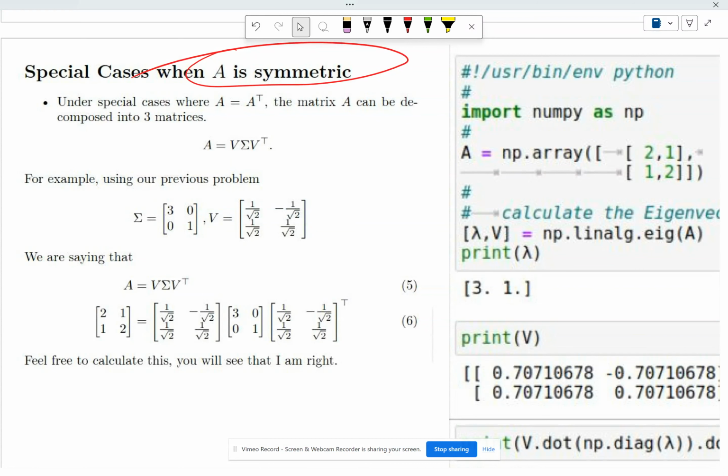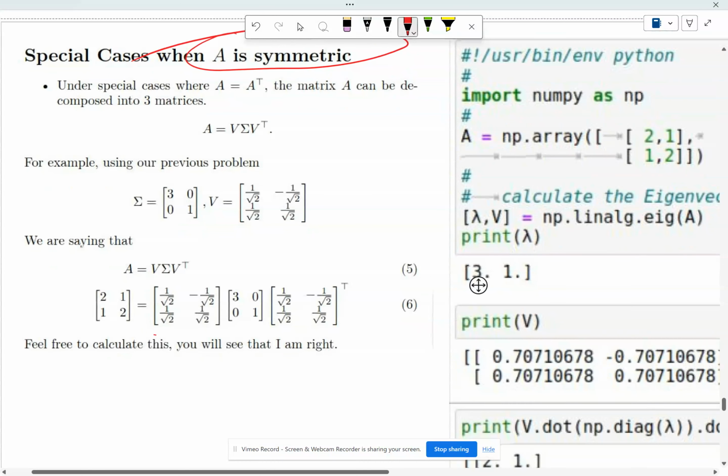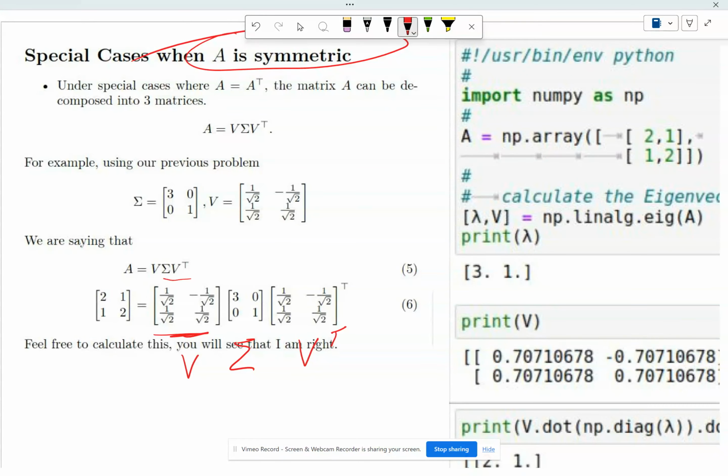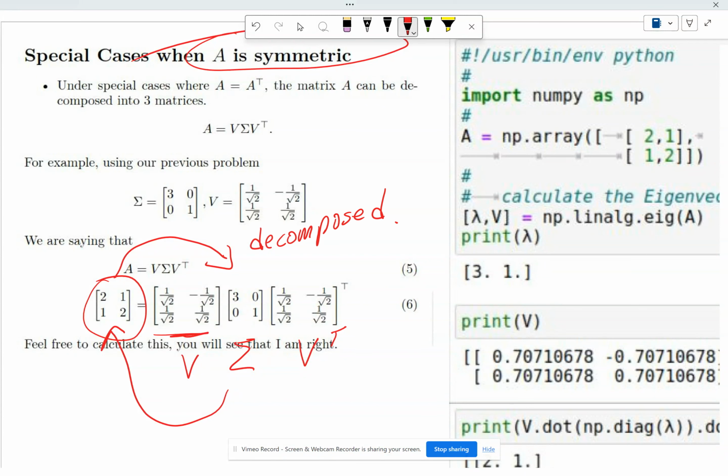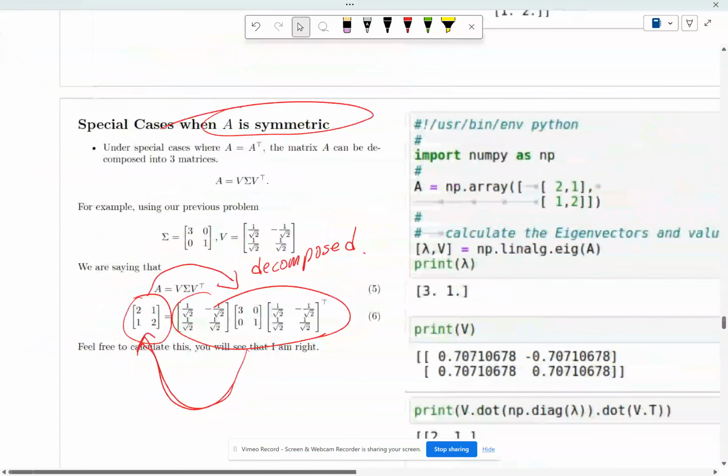So if we write this out, here's V, here's sigma, and here's V transpose. If you multiply the three matrices together, it allows you to reconstruct the original, which means the original can be decomposed into three separate matrices that you can multiply back together to form the matrix.